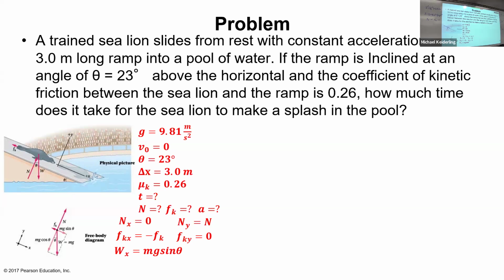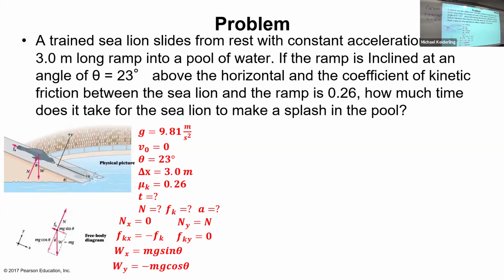The x component of the weight is mg sine theta, and the y component of the weight is negative mg cosine theta. We break every force down into its components.